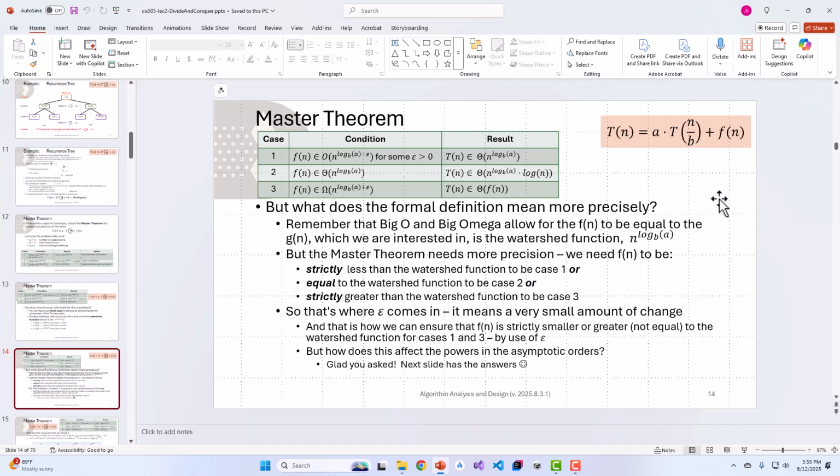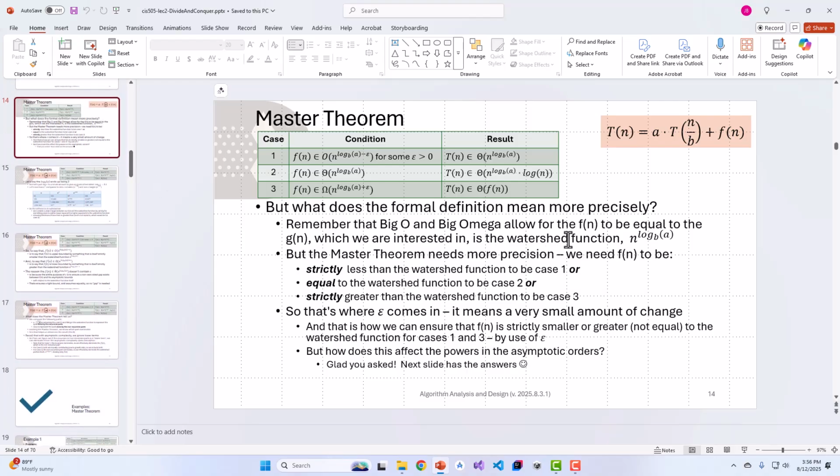Okay, so what does the formal definition mean more precisely? Remember that big O and big omega allow for the f of n to be equal to the g of n, which we are interested in, and that's the watershed function, n to the power log base b of a. But the Master Theorem needs more precision. So if I eliminated this epsilon on both of these, then it would be very difficult to distinguish between these three, and we could not guarantee that f of n fell under this one.